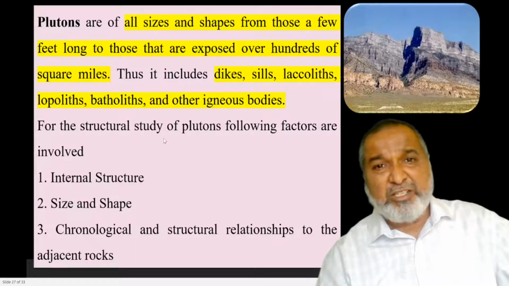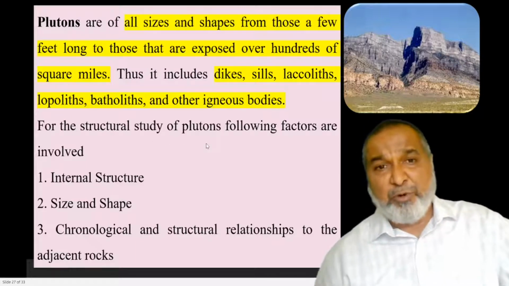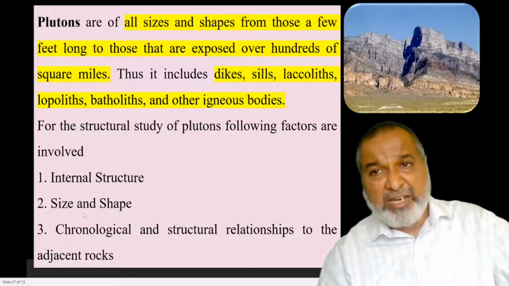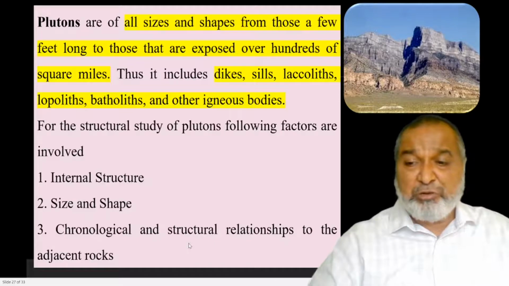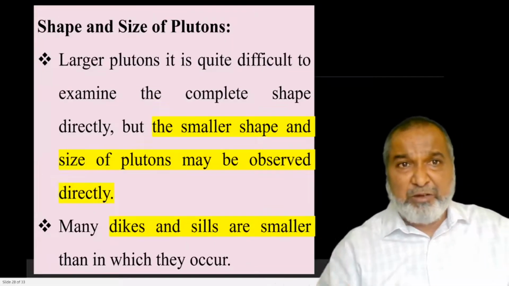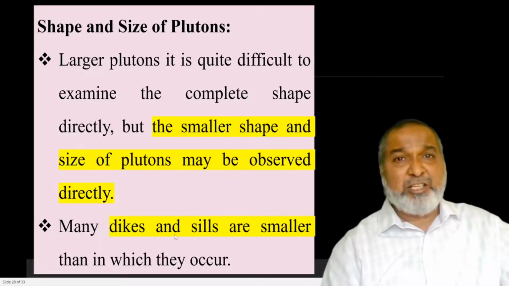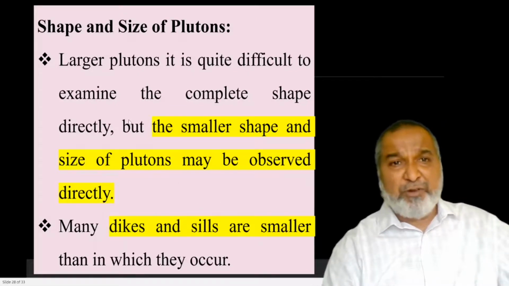For the structural study of plutons, there are four important factors: internal structure, size and shape, and the chronological and structural relation to the adjacent rocks. Large plutons are quite difficult to examine.